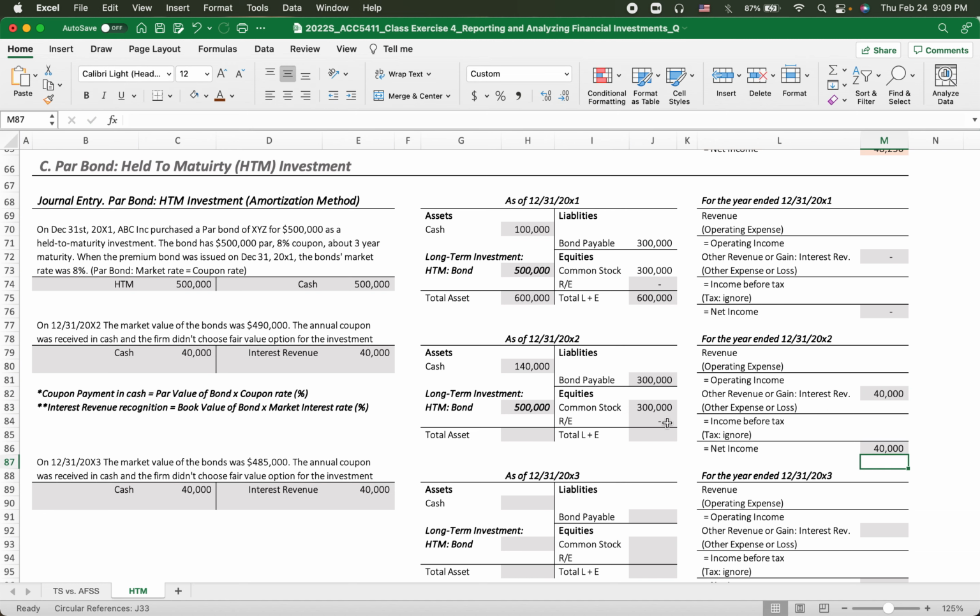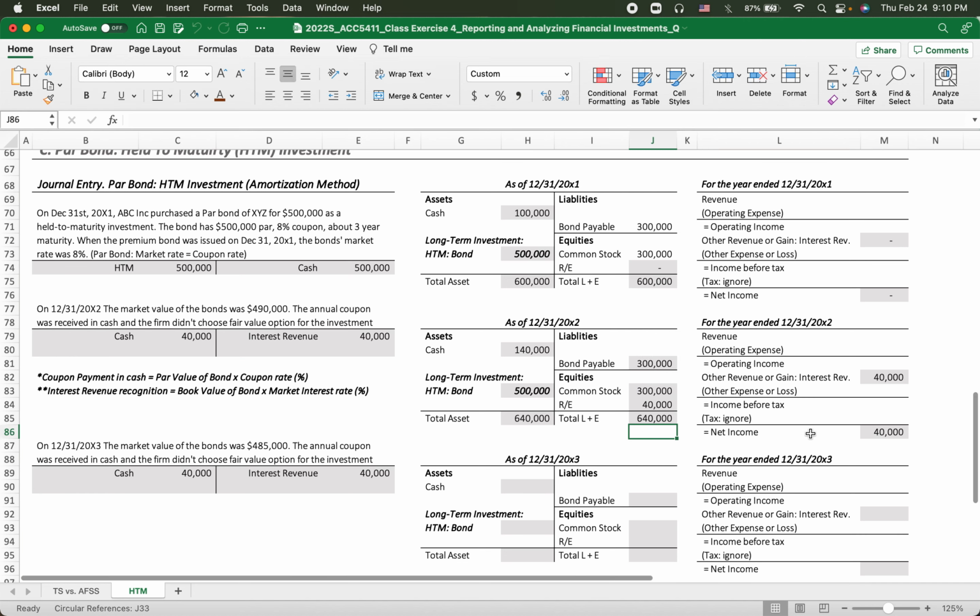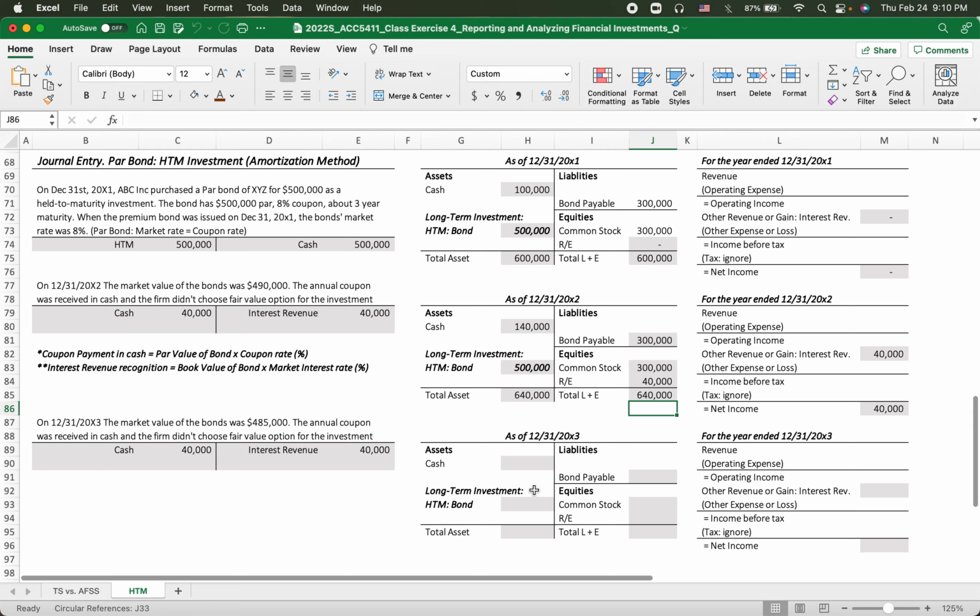And if there's no other transaction, we must add this 40,000 into the retained earning, right? And then the sum of this balance exactly increased by the cash received, and the retained earning also increased by the interest revenue, $40,000.